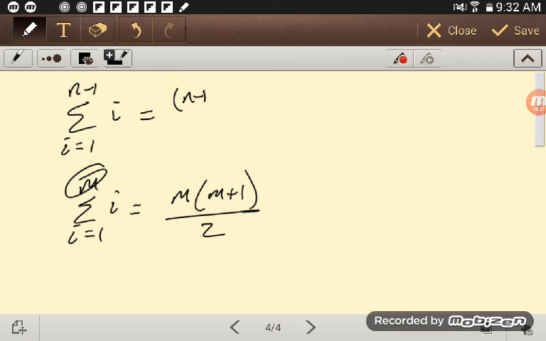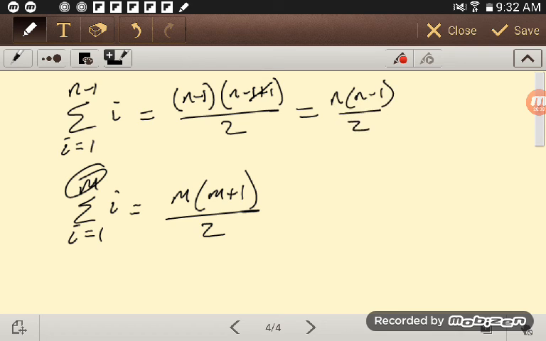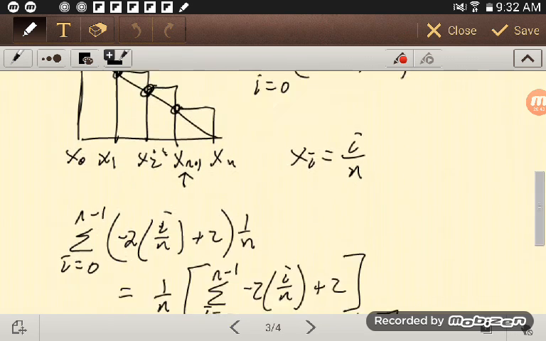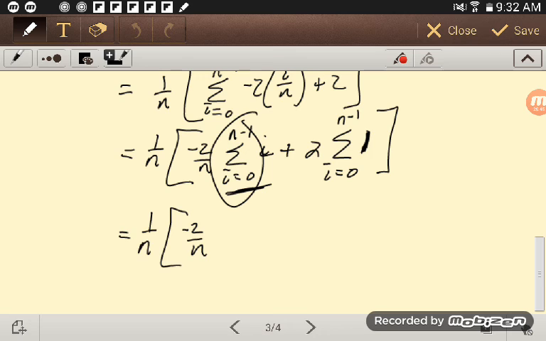So that's n minus 1 times n minus 1 plus 1 all over 2. I can simplify that part, so I get n times n minus 1 over 2. So we come back to this, and that sum here is n times n minus 1 over 2.